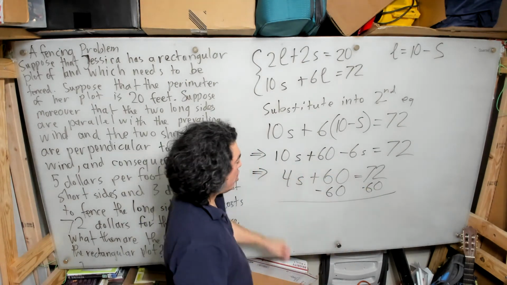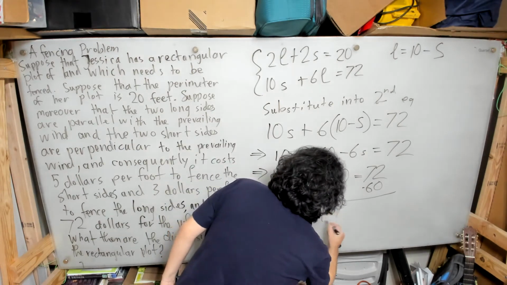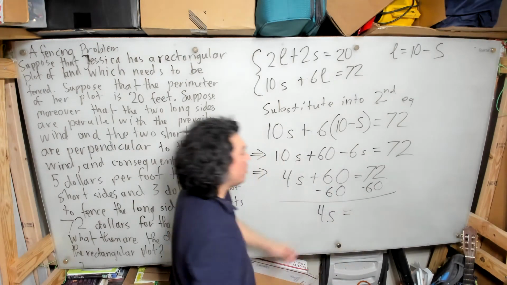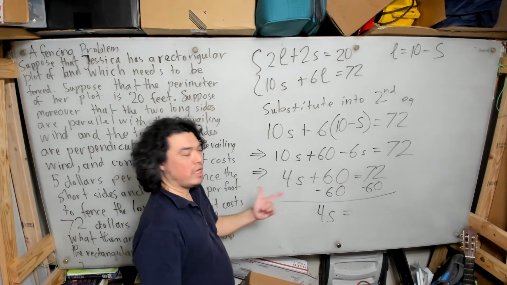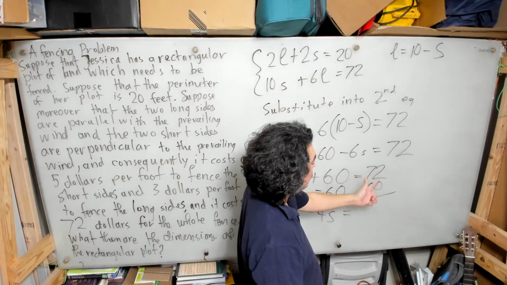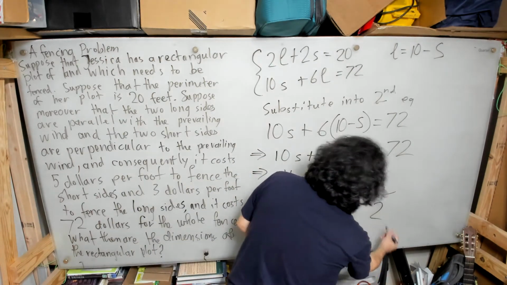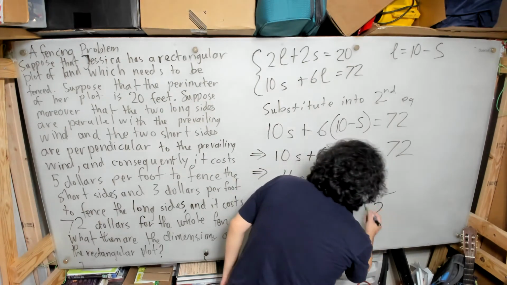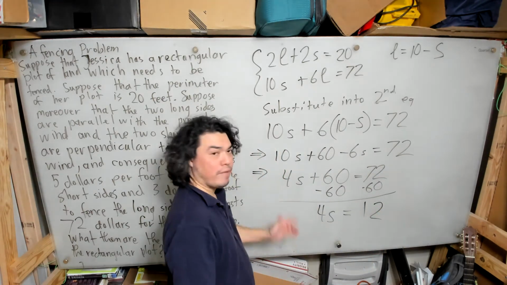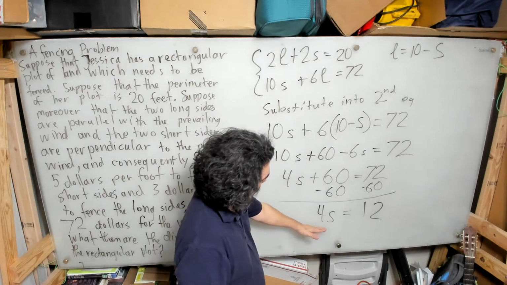On the left-hand side, it's gone. I'm left with 4S, and that's equal to 72 minus 60. What is 2 minus 0? That's 2. What is 7 minus 6? That's 1. So I have 4S equals 12.